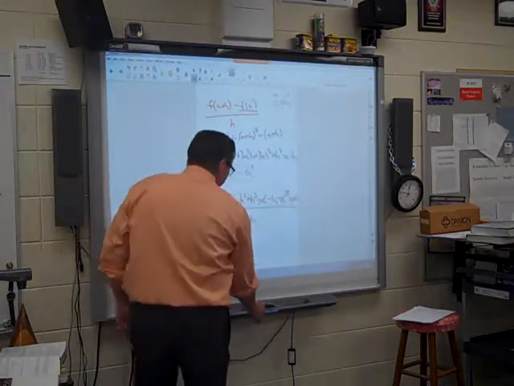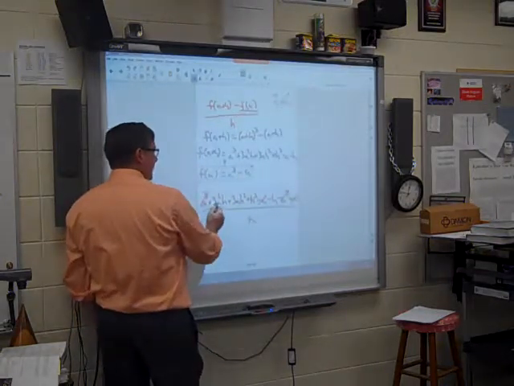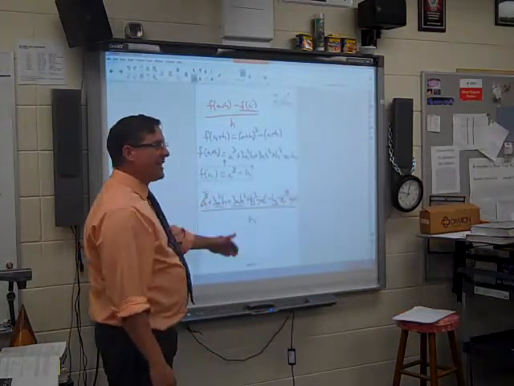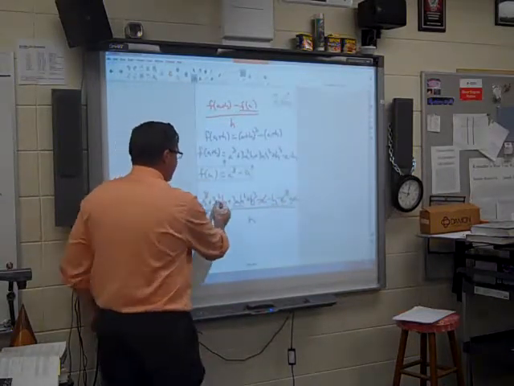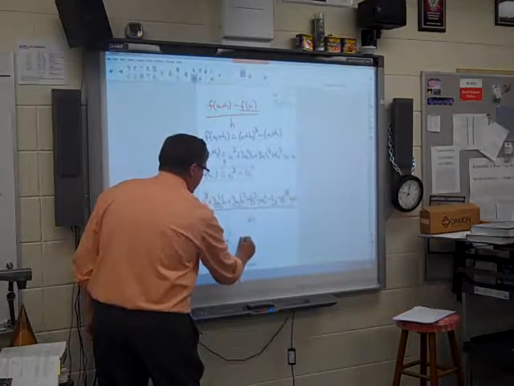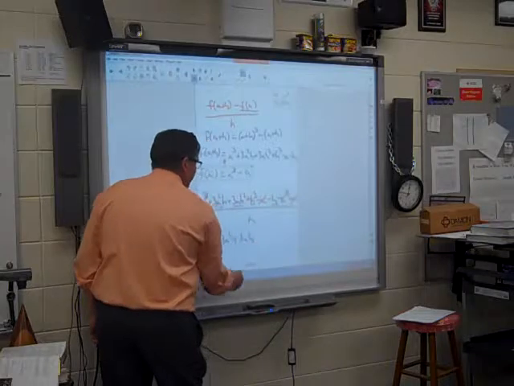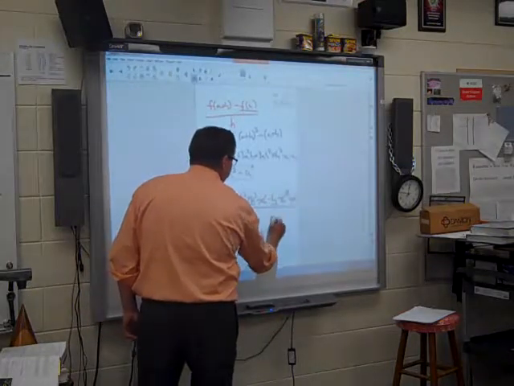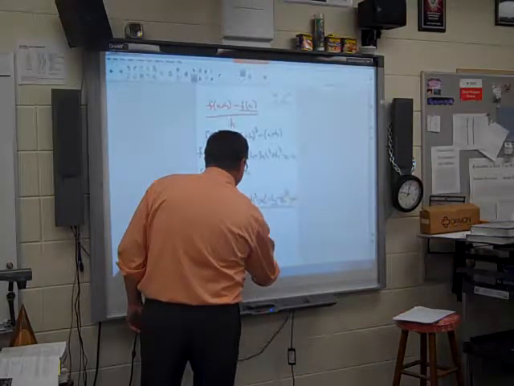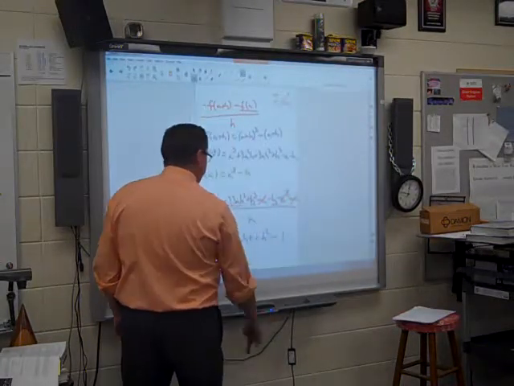That said, I do not want to factor the H out, but every term that's left has an H, at least one. And when we factor an H out and cancel it, instead of 3A squared H, we get 3A squared. Instead of 3A squared, you get 3AH. Instead of H cubed, you get H squared. Instead of minus H, it becomes minus 1.